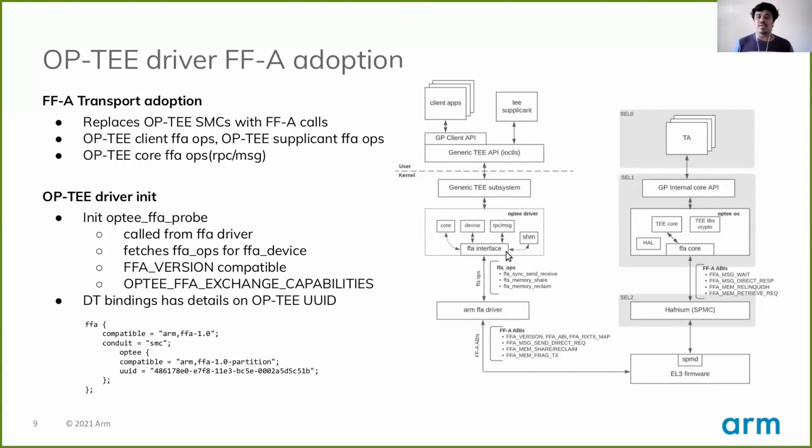During init time, it would have probed the FFA ops, through which the messages are passed down to the FFA driver in the Linux kernel. The FFA driver is responsible for assigning the particular FFA API numbers to it, and forwarding the call to the layer below it, mainly the EL3 SPMD dispatcher.